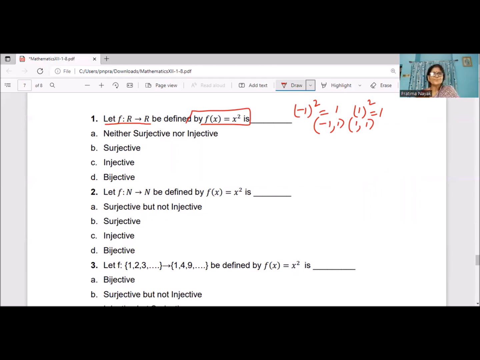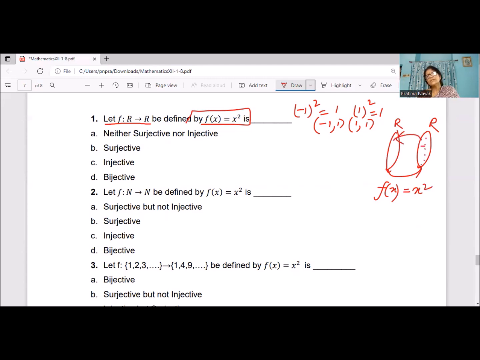Now coming to the surjective function. If we see, the first set is real numbers, the second set is also real numbers, and we are defining f(x) is equal to x square. That means it will be surjective if all the elements have a pre-image in it.